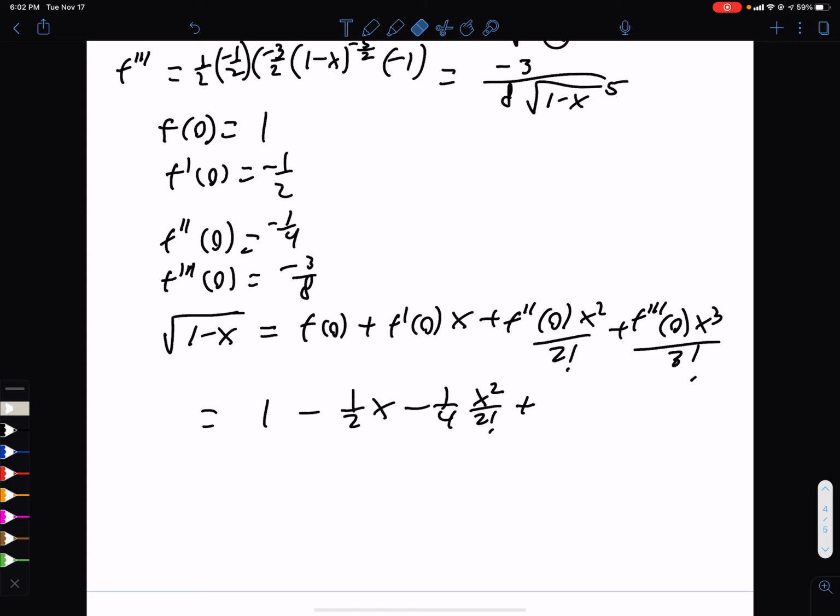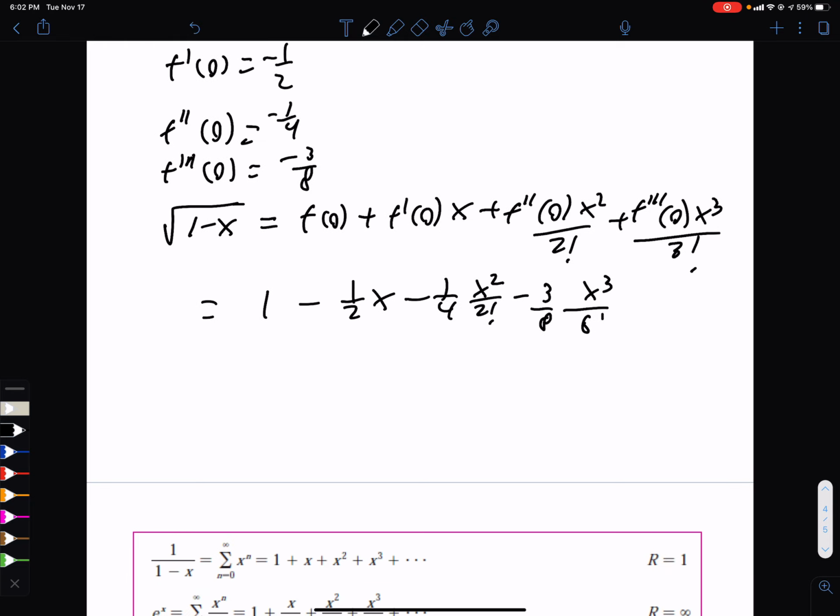Back up. Negative 3/8, minus 3/8 x cubed over 6. And so we're doing approximation. 1 minus 1/2 x minus 1/8 x squared. And that's going to be 3 is going to cancel even 2 minus x cubed over 16.